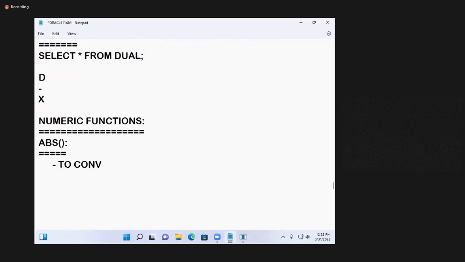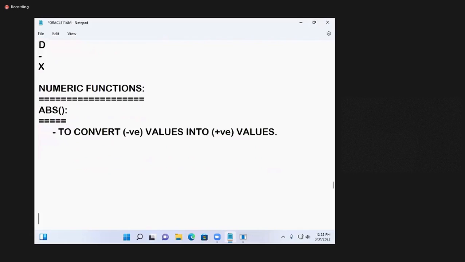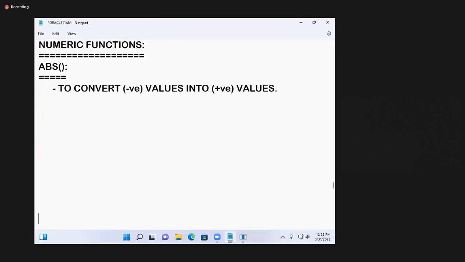Whenever you want to convert negative sign values into positive sign values, each and every negative value into a positive value, there you can use the ABS function.